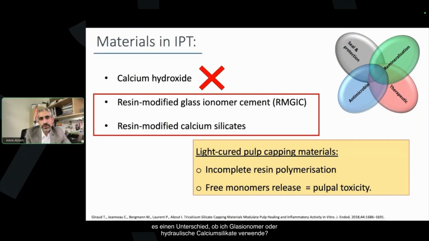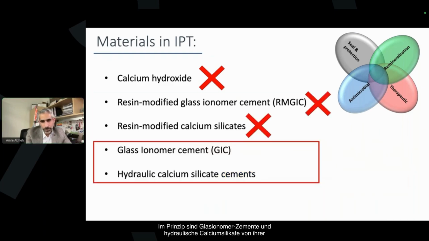So to me, anything that contains resin is not the best to be used directly or indirectly on the pulp. What we are left with is glass ionomer and hydraulic calcium silicates, and those are the materials most currently recommended for indirect pulp treatment.